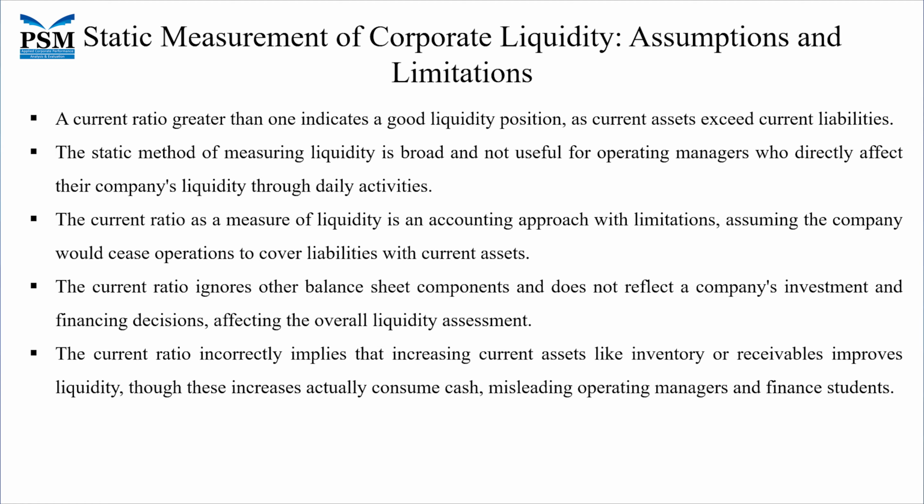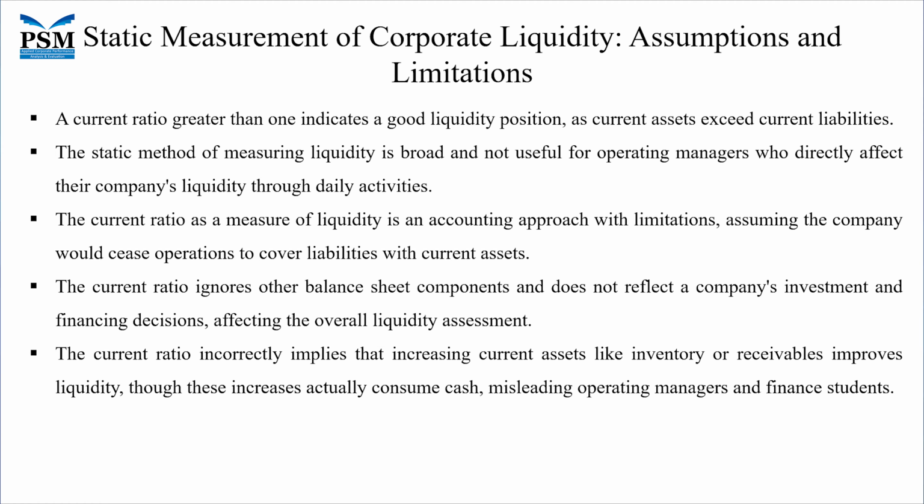So the current ratio as a measure of liquidity is an accounting approach. And as such, it has limitations because the balance sheet data is historical values. And the ratio we use, current assets divided by current liability, does not consider all the other variables: long-term assets, long-term liabilities, and equity of the balance sheet.